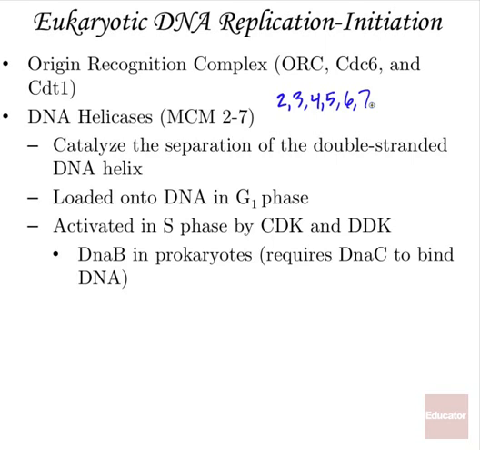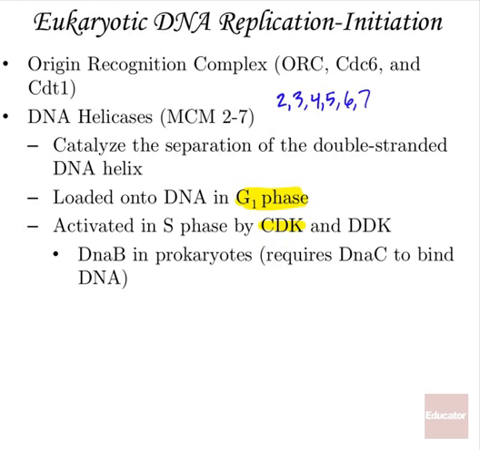Now, what's important is that they, as I said, bind as a double hexamer, and they will bind DNA after being loaded onto it in G1 phase. This is important. So it's already there. It's already there once we move into S phase, but they're not active. They have to be activated by certain kinases, which is called CDK, which is cyclin-dependent kinase.